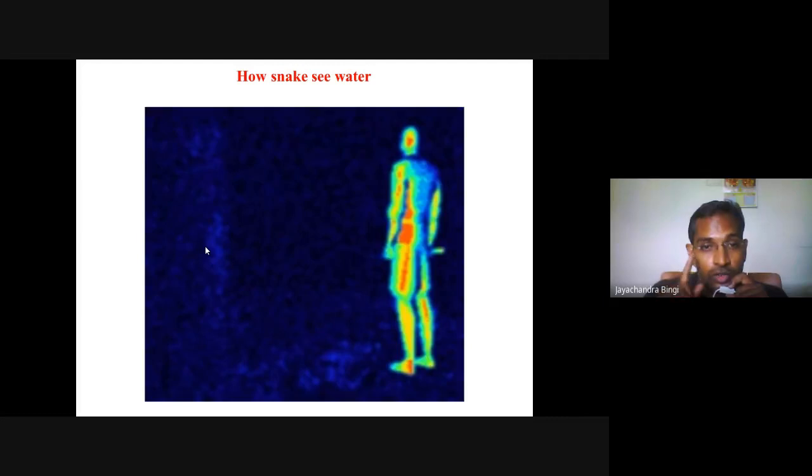In order to understand this concept, imagine I kept one UV filter here, so you can see only UV light with this eye. I kept one IR filter here. That means one eye is watching UV and visible, and another eye is watching only infrared.